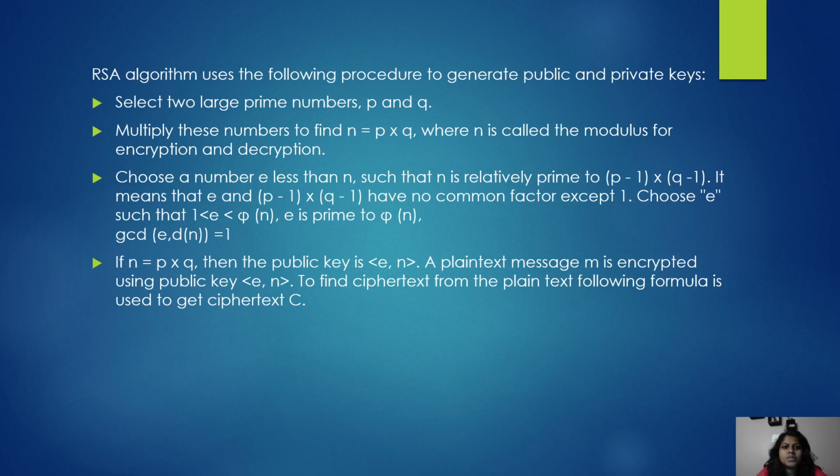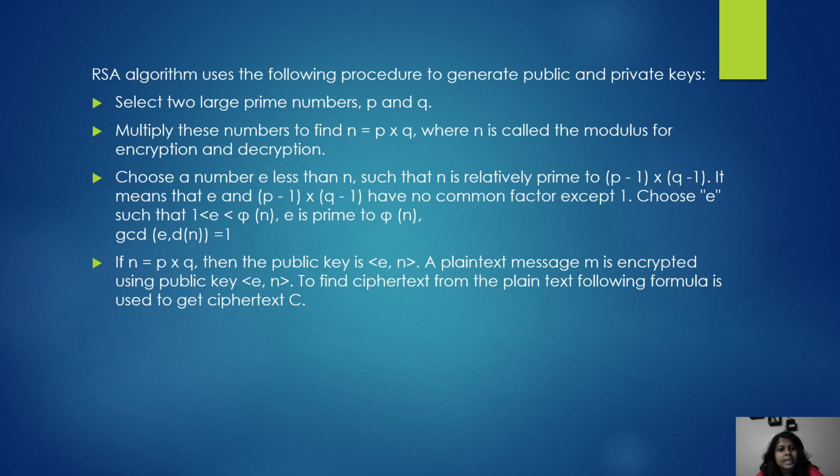The RSA algorithm uses the following procedure to generate the public and private key. First, it selects two large prime numbers, P and Q. Then multiply these numbers to find n equal to P into Q, where n is called the modulus for encryption and decryption. Next, we choose a number E less than n such that E is relatively prime to (P minus 1) into (Q minus 1).